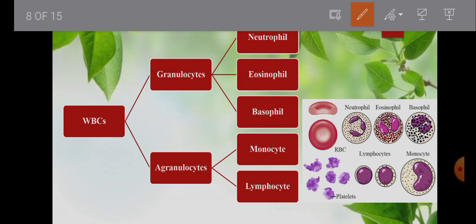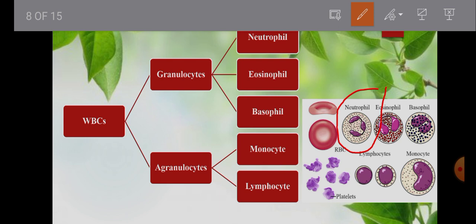So first we will just go with neutrophil. What can you notice there in the neutrophil structure? Yes, it has three lobes there. Usually neutrophils have 3 to 5 lobed nucleus.